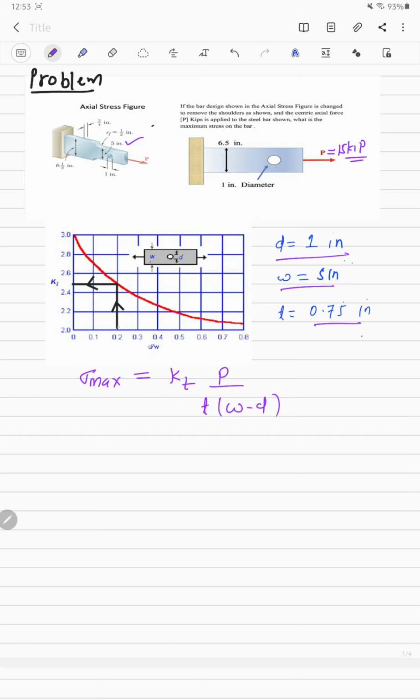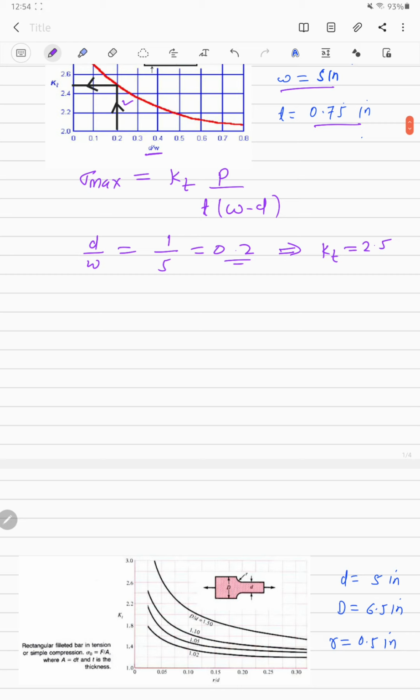For KT we have to find D by W, which is 1 by 5, so it will be 0.2. At 0.2 we draw a vertical line, and here we can find KT. KT will be 2.5. Now we can find maximum stress.